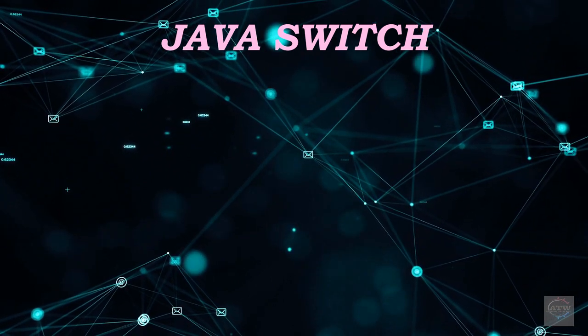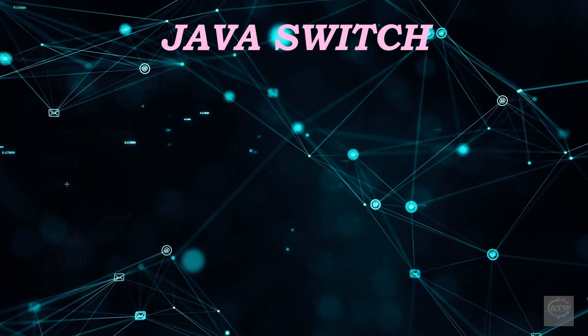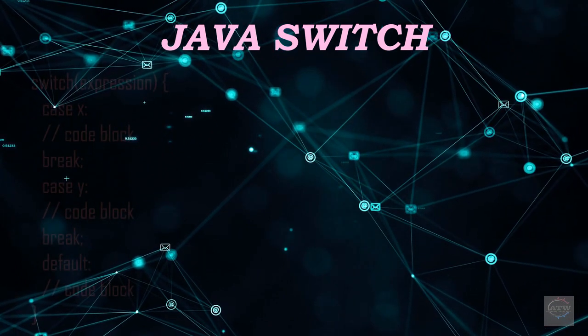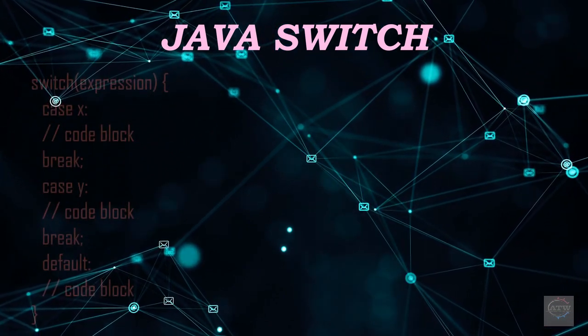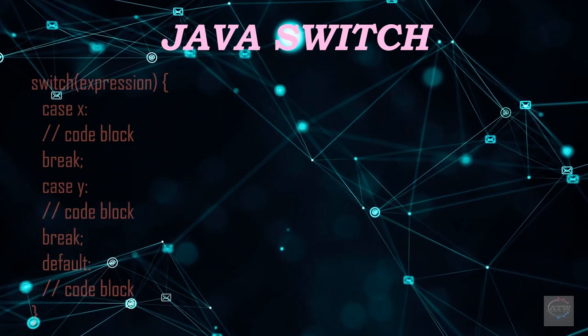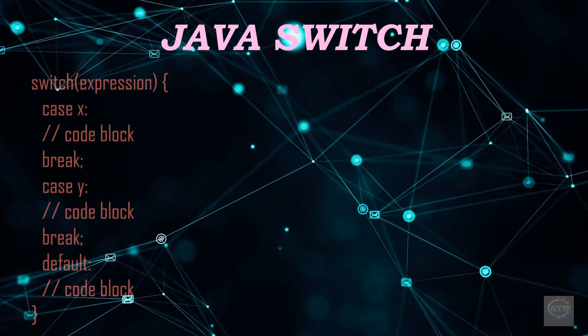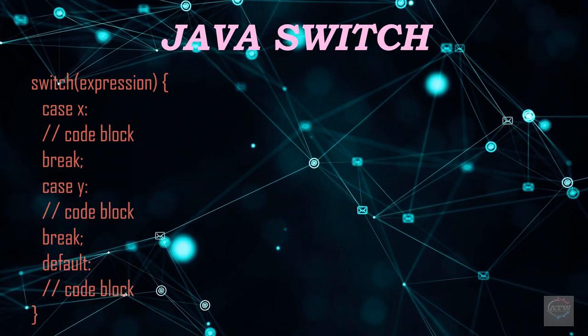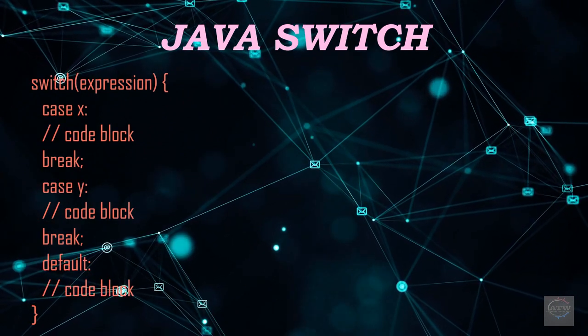Okay, so this is the syntax for switch, and what is the condition you're expecting. Inside it, case 1: if it meets, execute the block of code and come out of it.